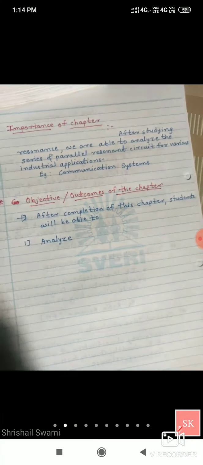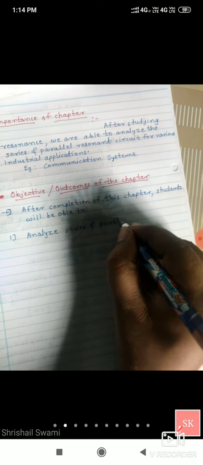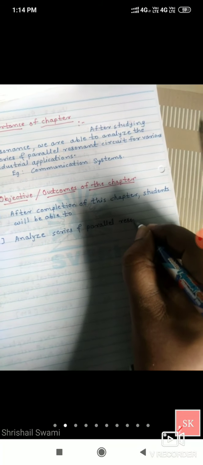After completion of this chapter, students will be able to analyze series and parallel resonance circuit.